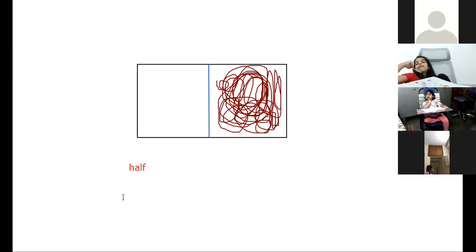Half means out of 2 if you are talking about only 1 part, that is known as half. I'll repeat. If total parts are 2 and if you are talking about only 1 part, then that's known as half.